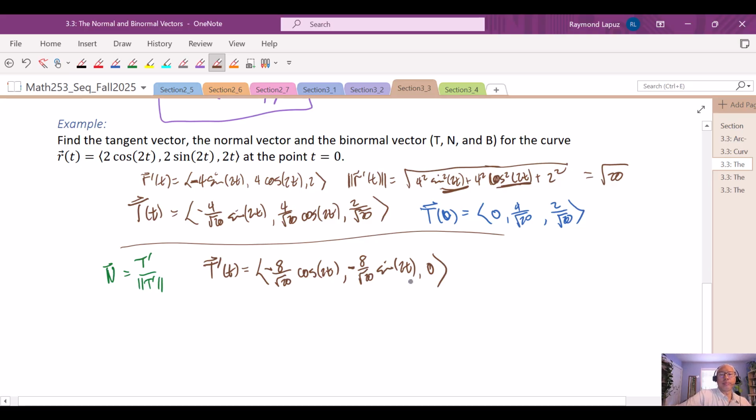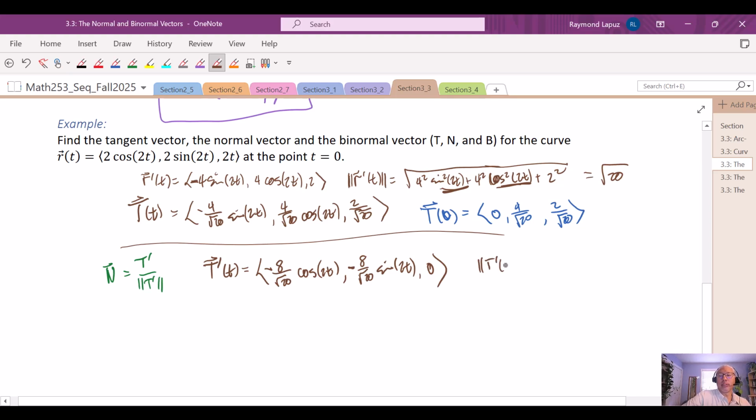And this magnitude might not be equal to 1, so let's actually find the magnitude so that it does eventually equal 1.